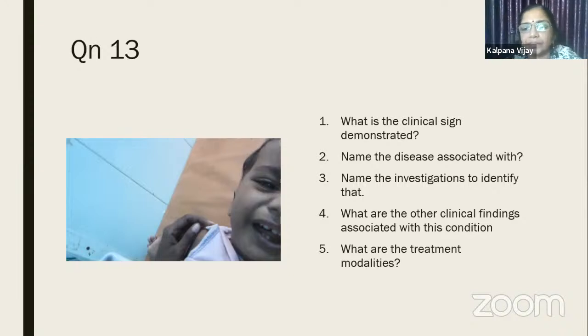Sometimes you may have to continue it for long periods because there is a chance for recurrence. And the associated condition is neuroblastoma, so you have to treat the neuroblastoma also. That also has to be mentioned along with the immunomodulators: ACTH, IVIG, rituximab, dexamethasone, all can be used.